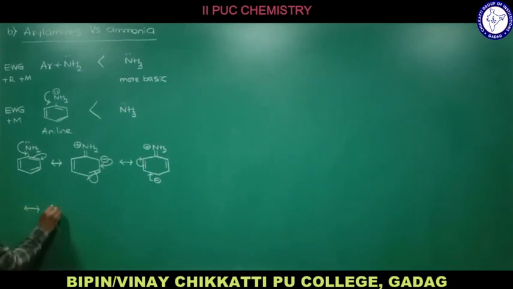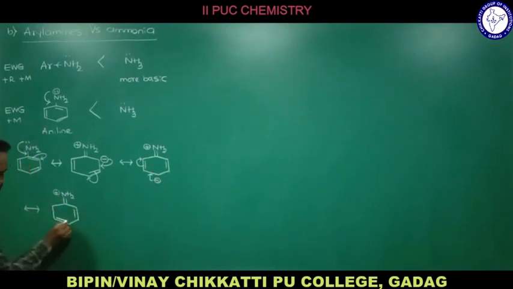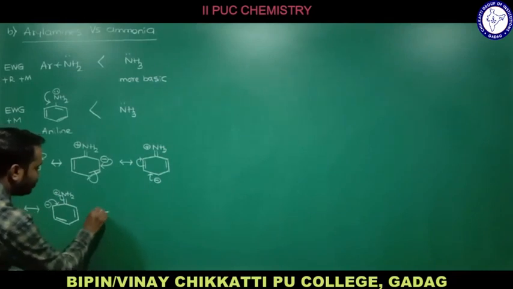I am going to write the next resonating structure here. After that electron shift, let me write the bond NH2 plus, and we have a double bond over here. The electron is going to shift over here and the pi electrons shift in this manner, so we get a minus over here. Then again this electron will shift in this manner, and the pi electrons will neutralize the charge of this NH2 amine.